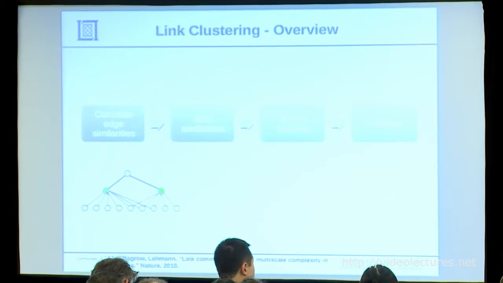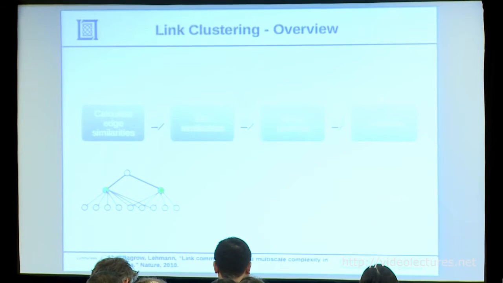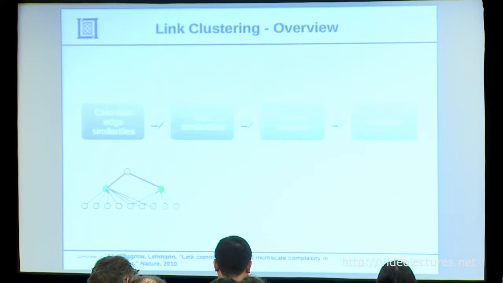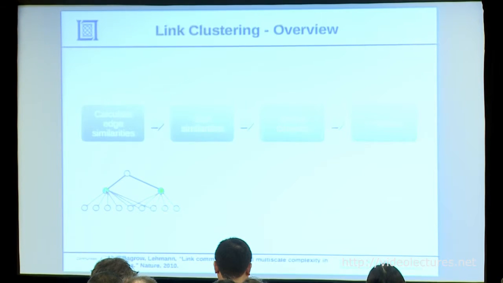I'll say in a bit what I mean by similarity score. Then you sort those similarity scores so that you know which ones are most highly similar. And then you start merging together first edges that are highly similar, and then clusters that contain highly similar edges. You keep doing that until you decide you've reached a partition that satisfies whatever criterion you have, which is not so important for this talk.